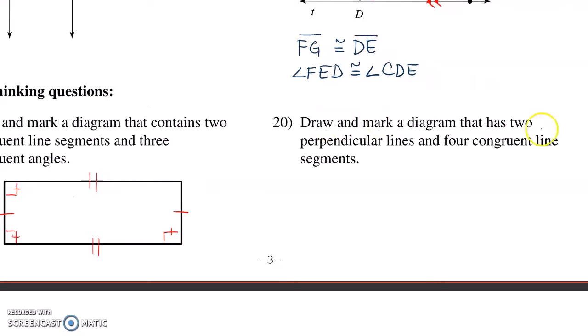And then draw and mark a diagram that has 2 perpendicular lines and 4 congruent line segments. Please pause the video and try it again. Remember, you don't have to be able to trust the diagram, but I drew a square.